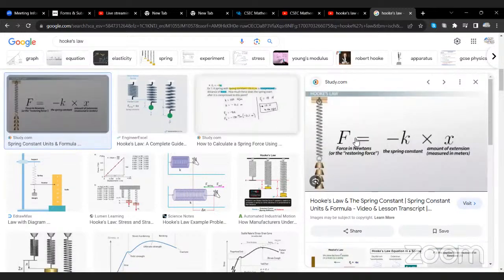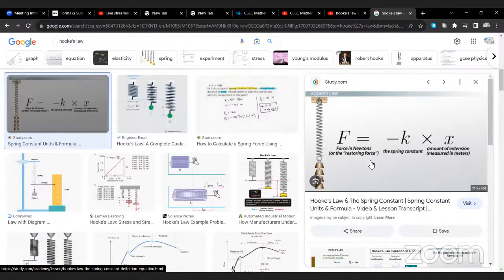Now, here is an algebraic statement right here. This is Hooke's law again. Note that it says force in newtons is equal to the spring constant, which simply means a constant, times the amount of extension measured in meters. So we have two variables here.